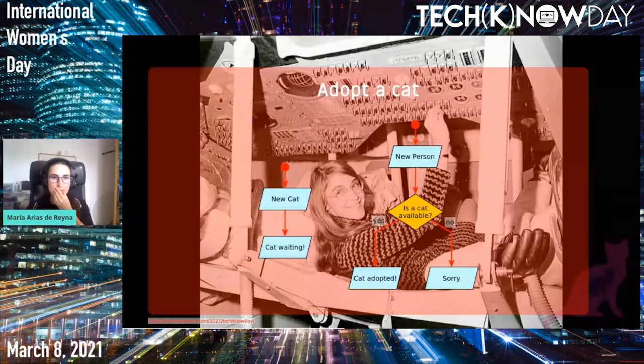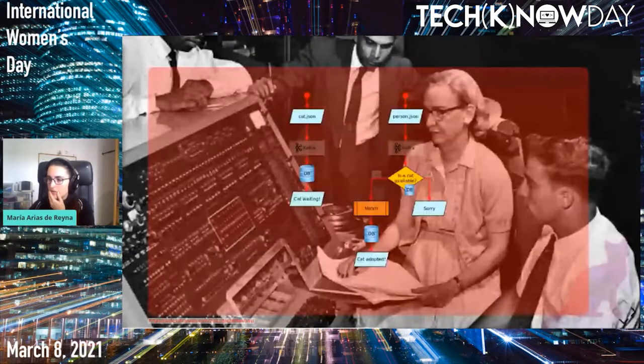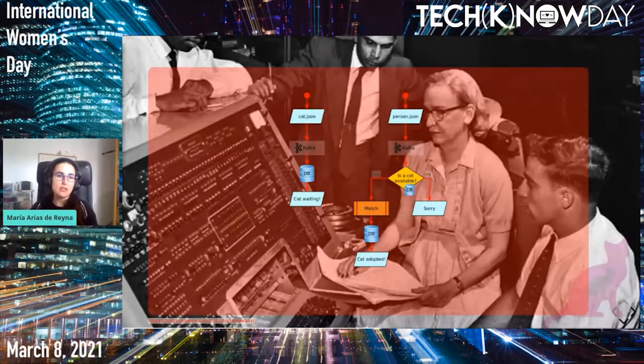So let's move on to what the software architecture may look like. This is the implementation I decided on based on the requirements, because why not? I think it's pretty simple. I'm going to have a Kafka broker that receives the JSON data. I decided it's going to be JSON, because why not?